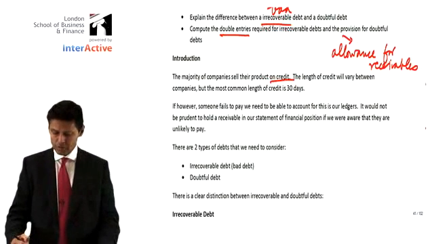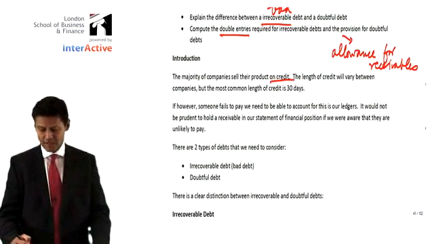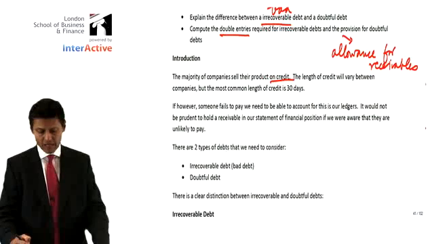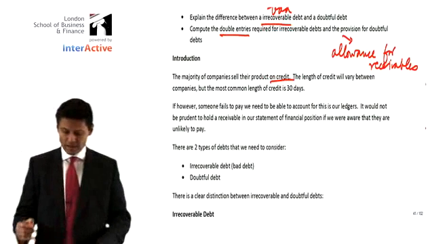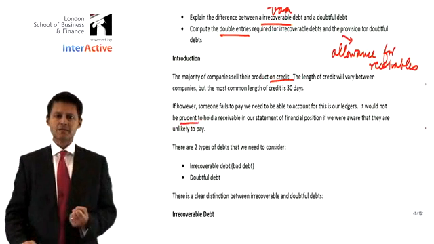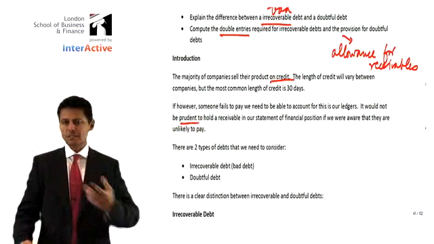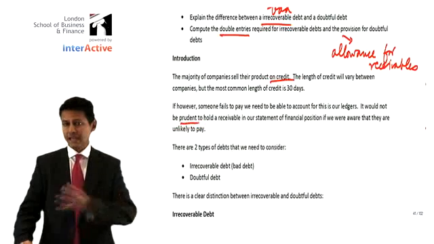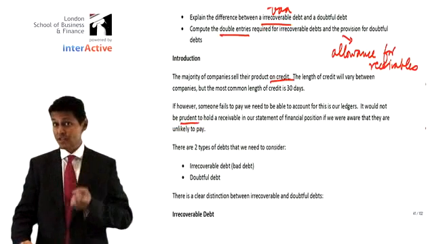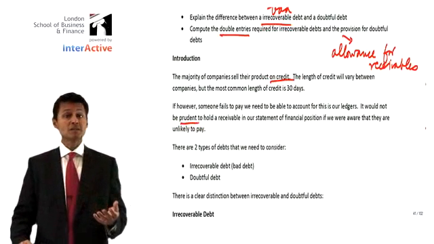It would not be prudent to hold a receivable in our statement of financial position if we are aware that they are unlikely to pay. So underline that, prudent. It seems sensible accounting to keep aside some money in case the receivable goes bad. Or indeed, if we feel the receivable is bad, you just write it off.